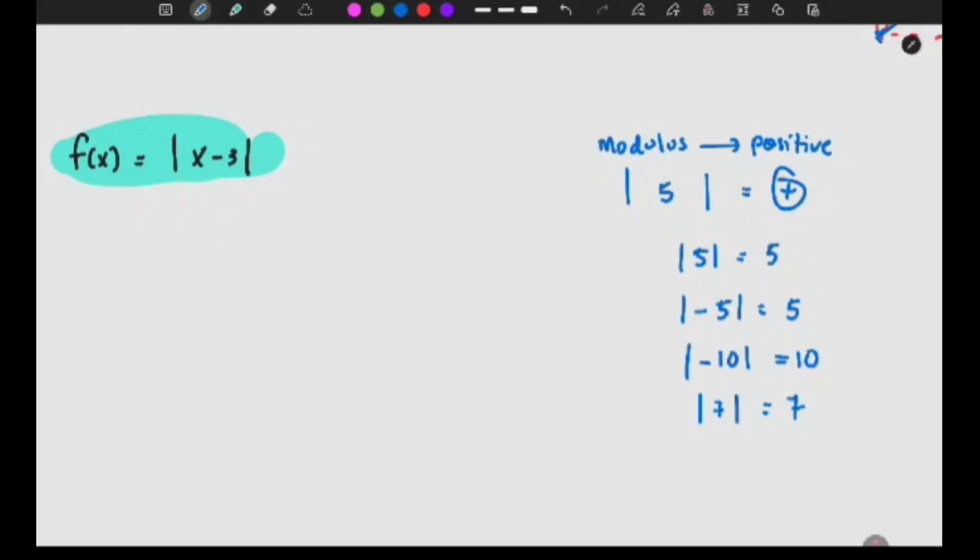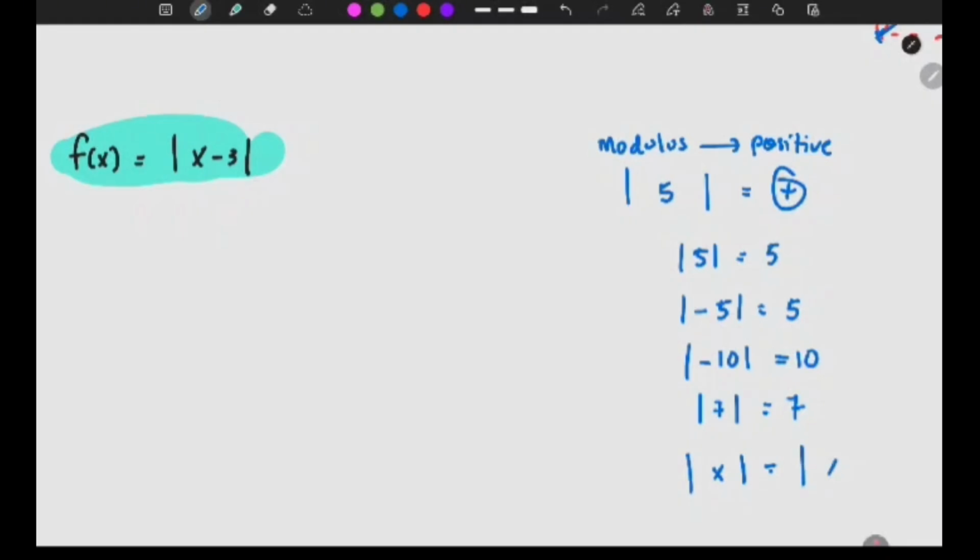But what if I put an unknown inside? Maybe x, modulus of x. What do you think my outcome will be? I don't know. The answer will remain as modulus x.